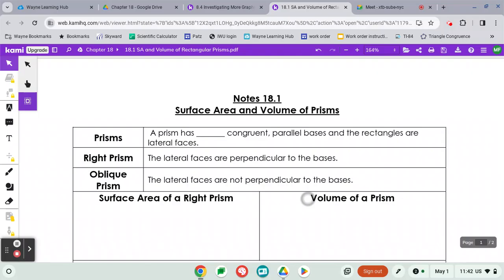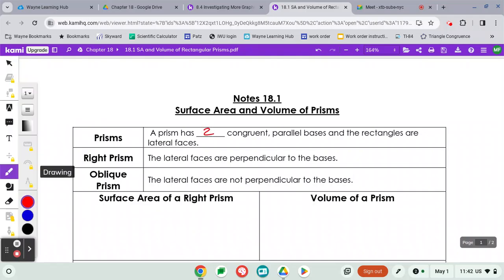Well, on every rectangular prism, you're going to have 2 parts that we call the bases. Now, what is the base? They're just 2 ends that are parallel to each other. So a prism has 2 congruent parallel bases. Notice it says they're parallel. They run beside each other.